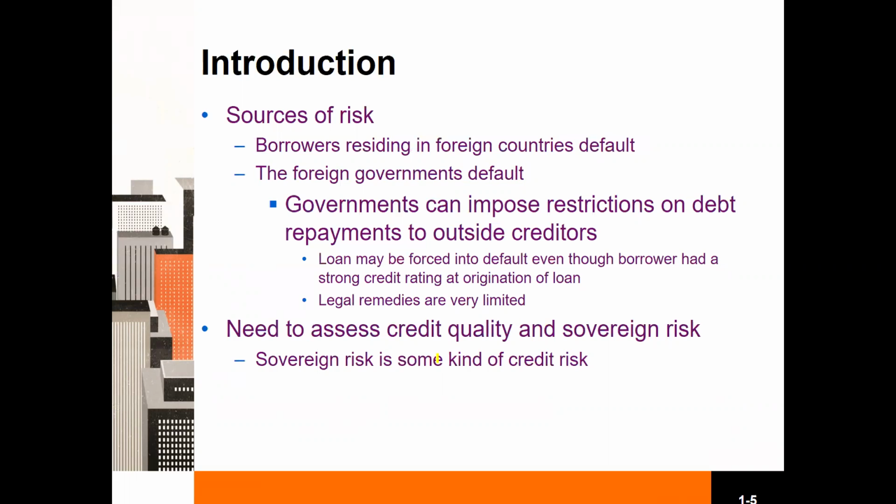However, if the borrower is still unable or unwilling to repay the interest and principal, this continued inability or unwillingness to pay would likely result in bankruptcy proceedings and eventual liquidation of the firm's assets. Now, consider a possible situation. A dollar loan is made by an Australian financial institution to a private Greek corporation. I mean, its borrower is a foreign borrower. Suppose that this first-class Greek corporation has always maintained its debt repayments in the past.